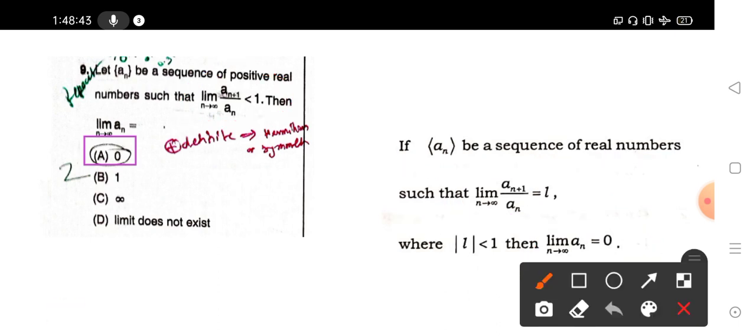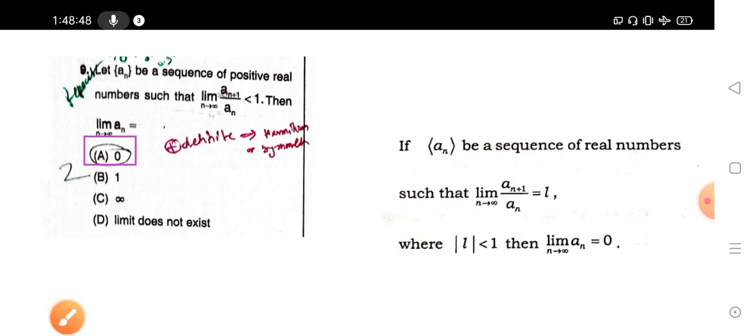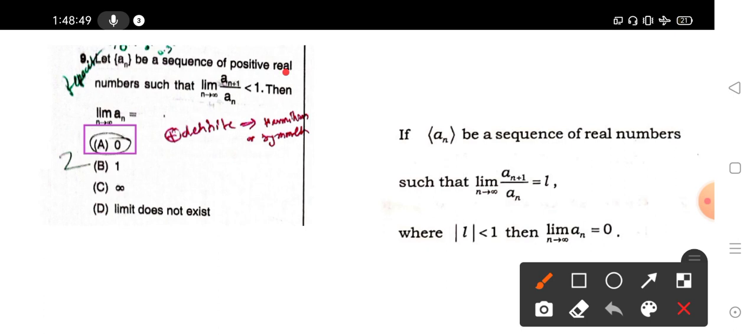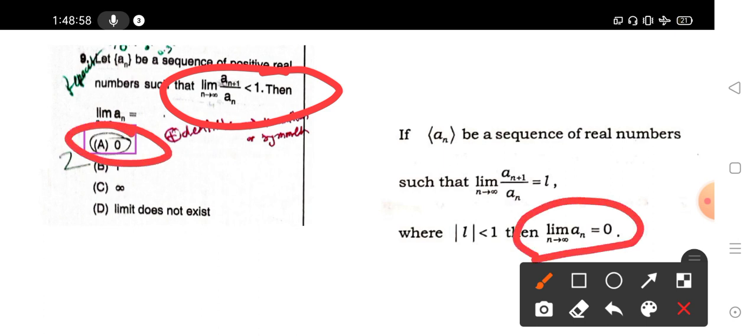Here positive real numbers, this is a direct result, so finally we get 0.